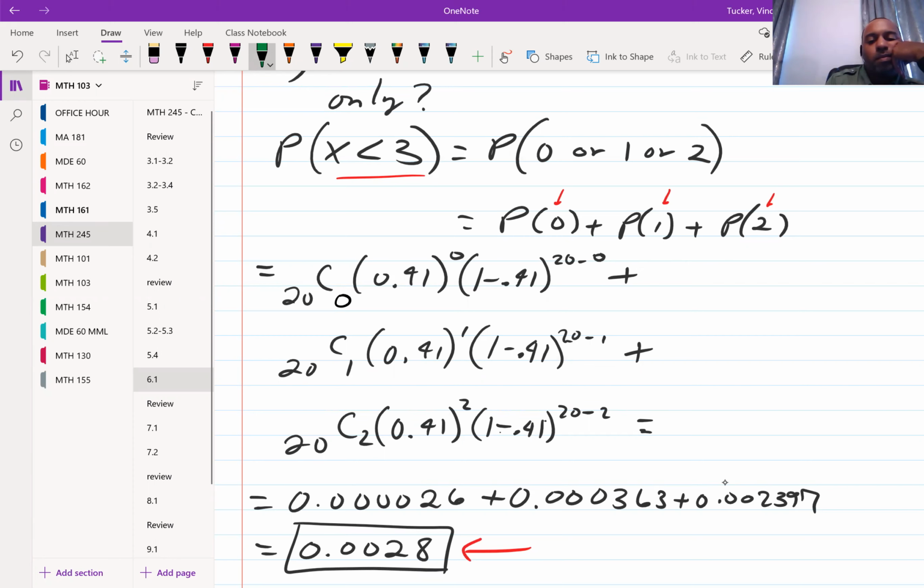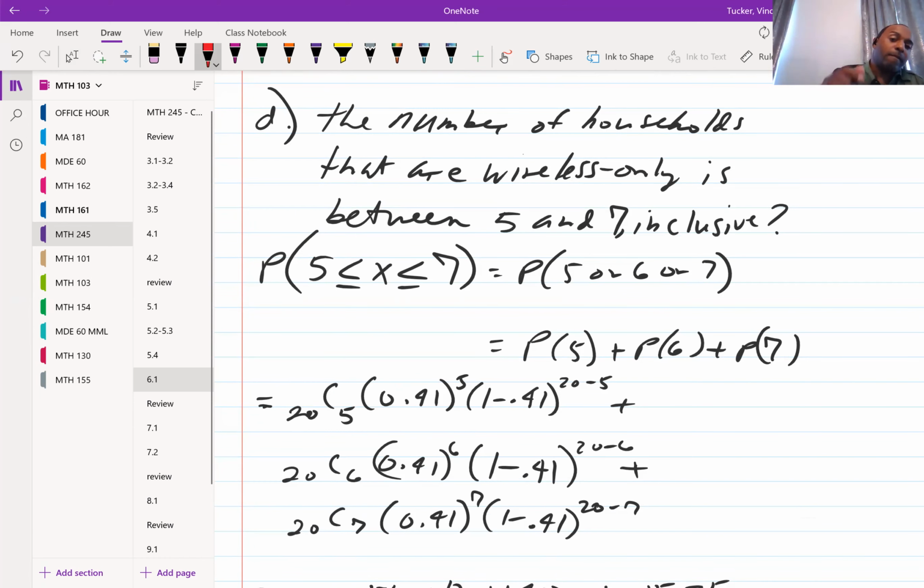So this one, you would just have to do each one of them individually. If you're using the stat trick, you just plug in each one of them individually, plug in the 5, get the one for equal to 5, plug in the 6, get the one equal to 6, plug in the 7, get the one equal to 7. So you're just changing that number and getting that value for each. And so you will get each one of these 3 individually, add them together, and that'll give you 0.3381 as a probability.